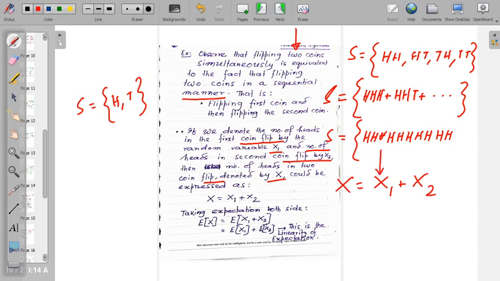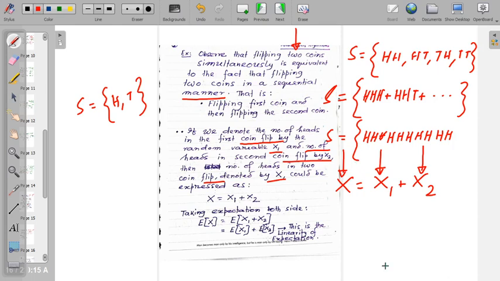So X1 is the random variable counting how many heads for the first coin flip, and X2 counts how many heads for the second coin flip. If I add these two, that gives the number of heads for two coin flips.